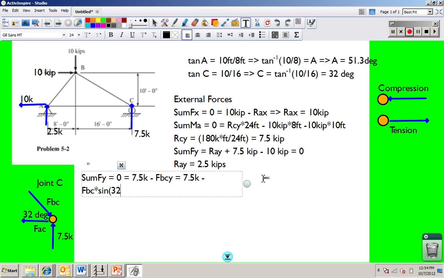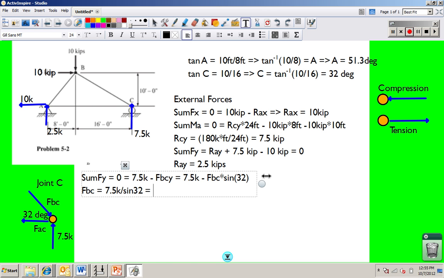Wow, you gotta love it when you hit your keypad. Okay, 32 degrees. Alright? So, from that, I'm just going to make that a little longer. So when we solve that for FBC, it's equal to 7.5 kip divided by sine of 32.